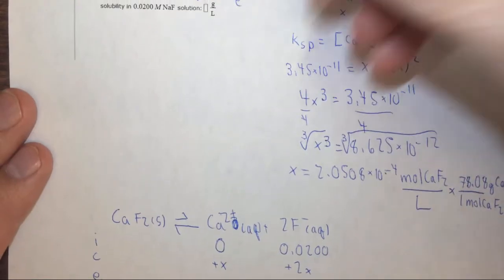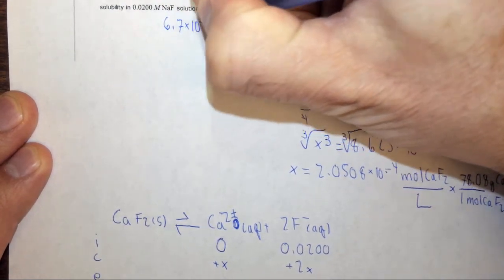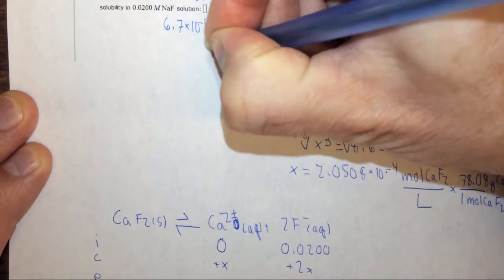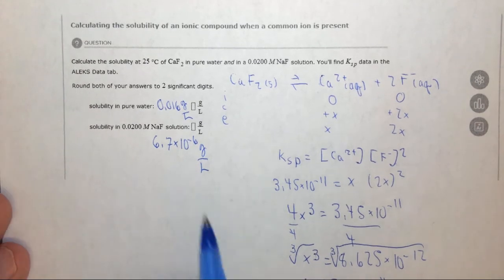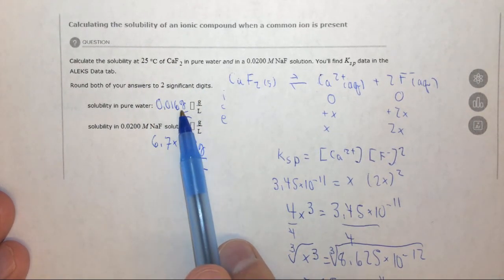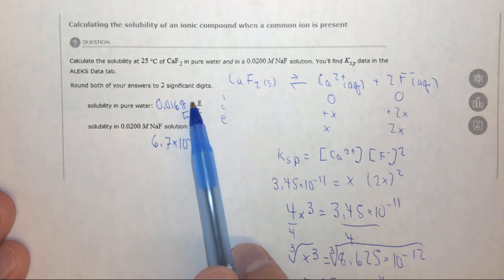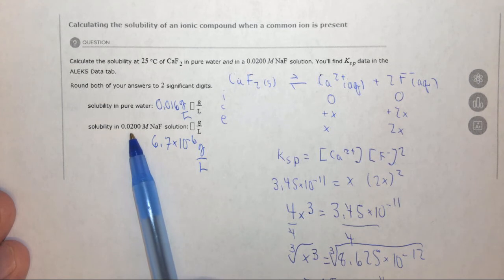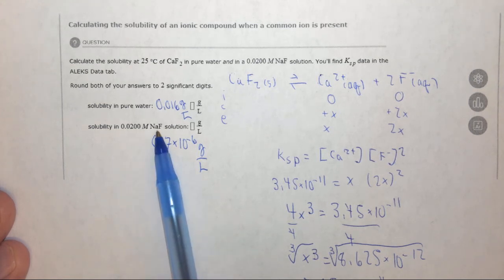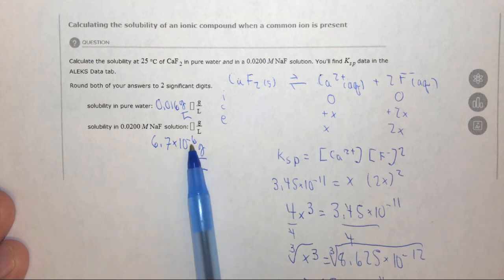One interesting thing that I want to point out is that this is 6.7 times 10 to the minus 6 grams per liter. So the solubility of CaF2 in pure water is 0.016 grams per liter. Again, still not super soluble. However, in the case of 0.02 molar NaF, which is a source of F-, a common ion, the solubility is 6.7 times 10 to the minus 6.